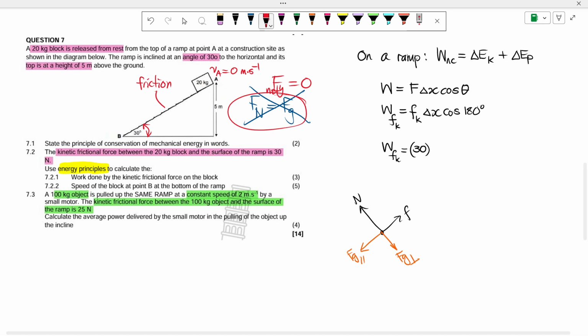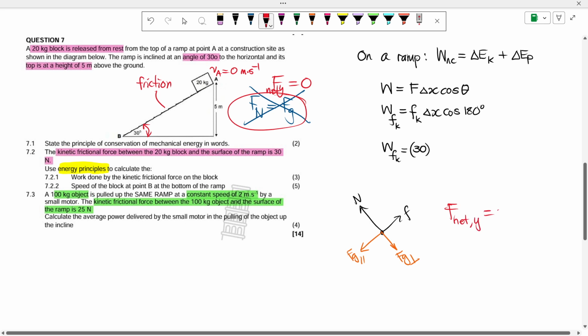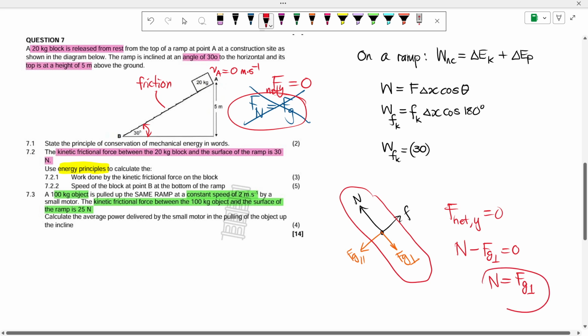So when I do F net in the y direction is equal to 0, I'm just going to have these two forces that are in the y direction, and that's normal minus Fg perpendicular is 0. I keep on saying parallel, I mean perpendicular. So this means that in this case, only in this case, normal force is equal to Fg perpendicular.